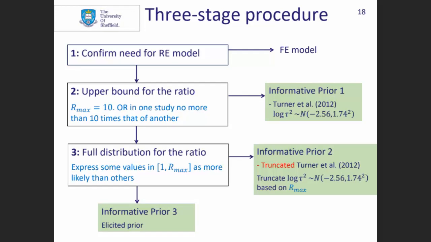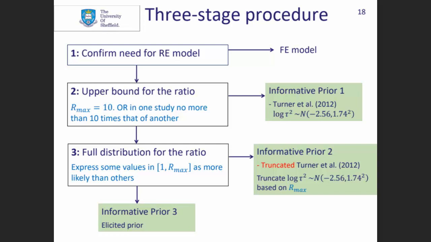And if the upper bound for the ratio is the only information that experts could provide, then we could use this information together with Turner's prior to derive a truncated Turner prior, which eliminates some of the extreme values within the Turner prior itself. And I have an example later to show you how this works.